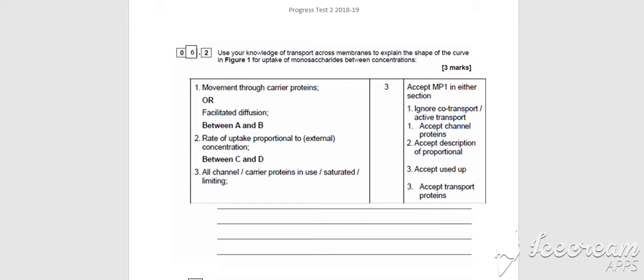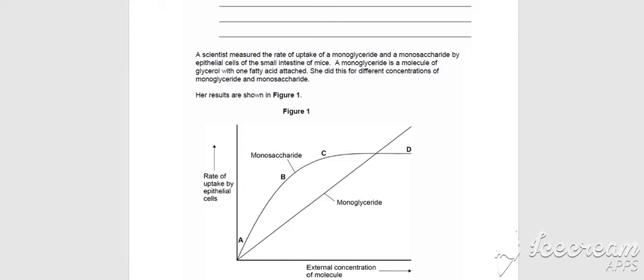Between A and B, we can see that as the external concentration of the molecule increases, then so does the rate of uptake by the epithelial cells. So they are proportional to each other. As one increases, the other one also increases.